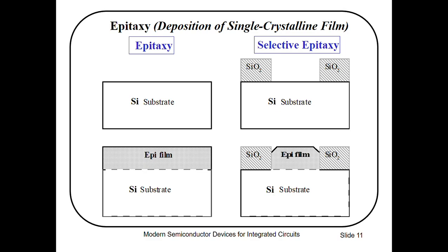Atoms are deposited only over the single crystalline substrate. There is no net deposition over the oxide mask because the deposition rate over the oxide is lower than the etching rate. So here we have epitaxy and selective epitaxy.